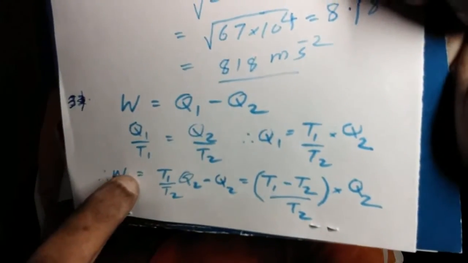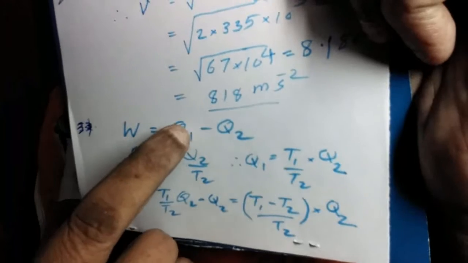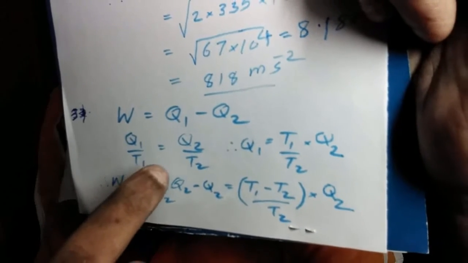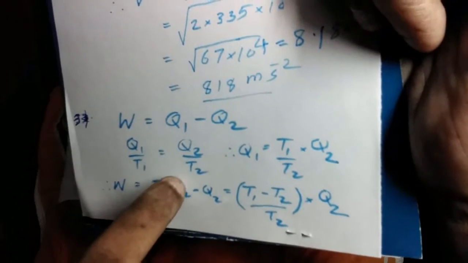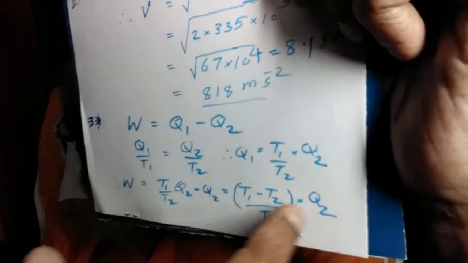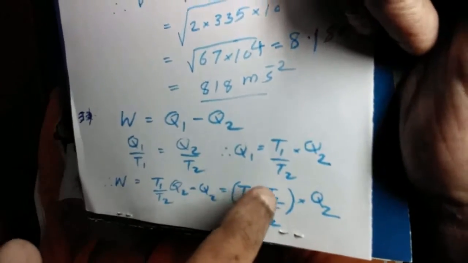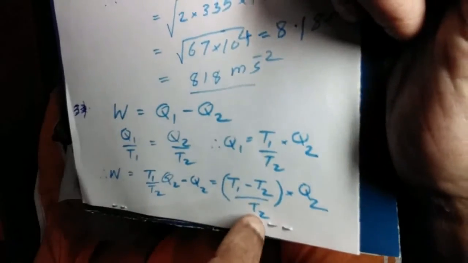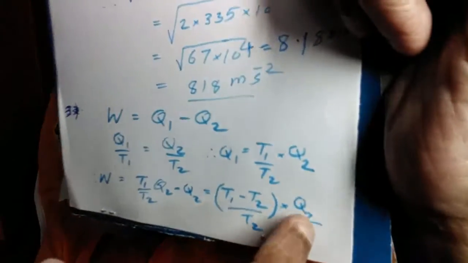Therefore W equals T1 by T2 into Q2 minus Q2, or Q2 is common, W equals (T1 minus T2) by T2 into Q2.